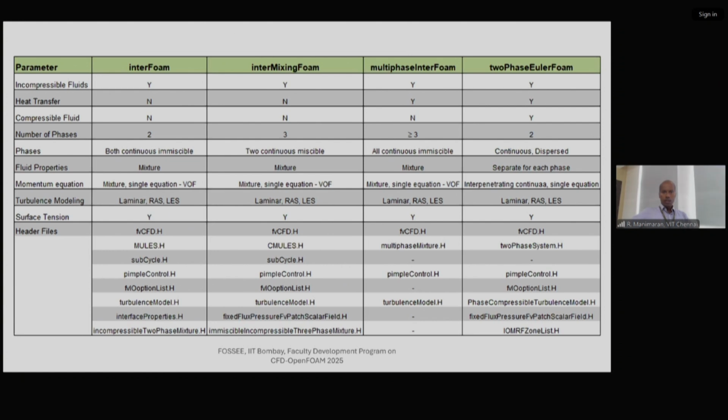Then continuous phases and dispersed phases are taken care of in appropriate solvers. Fluid properties are also shown here. OpenFOAM handles these header files separately for these solvers. Surface tension is taken care of in all the models, and turbulence also.